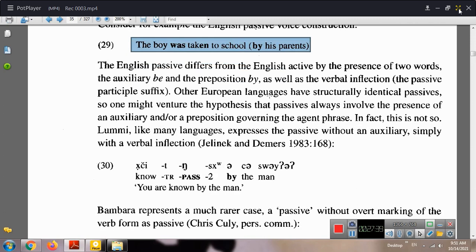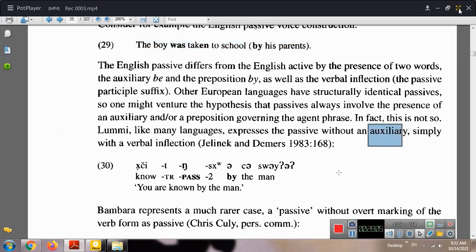Other European languages have structurally identical passives, so one might venture the hypothesis that passives always involve the presence of an auxiliary or preposition governing the agent phrase. In fact, this is not so. Lumi, like many languages, expresses the passive without an auxiliary.